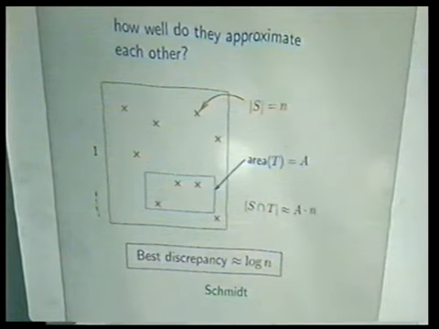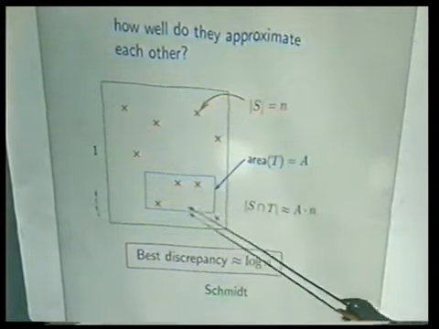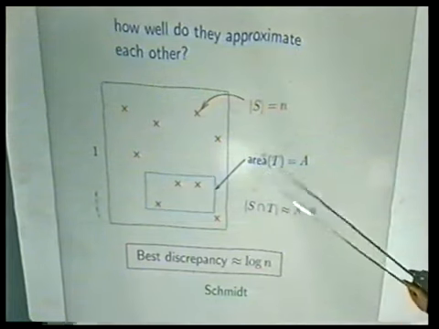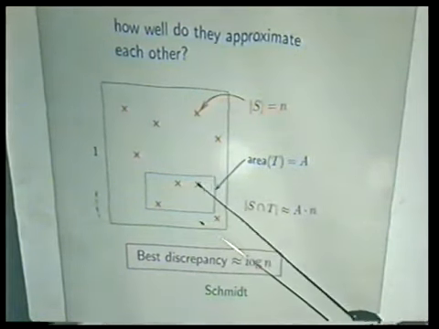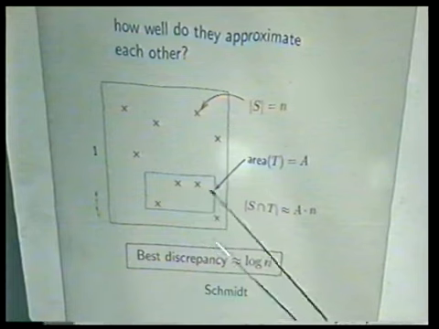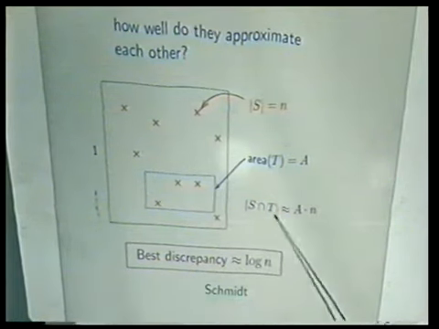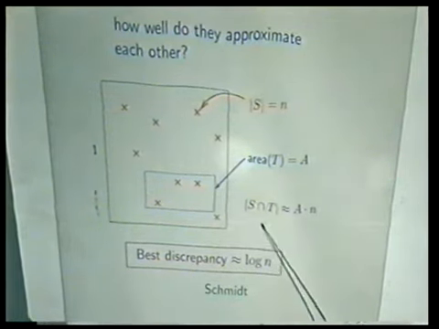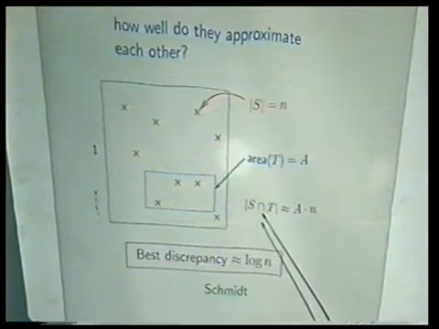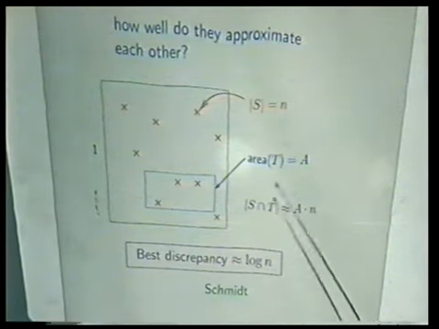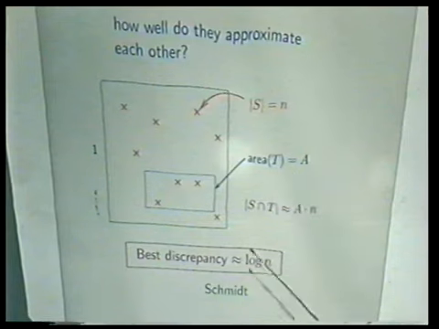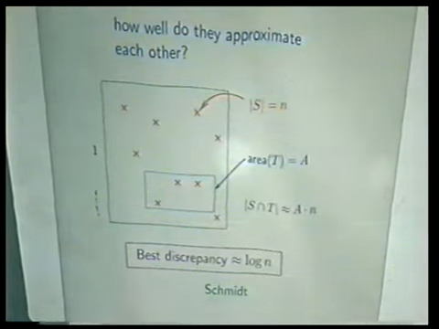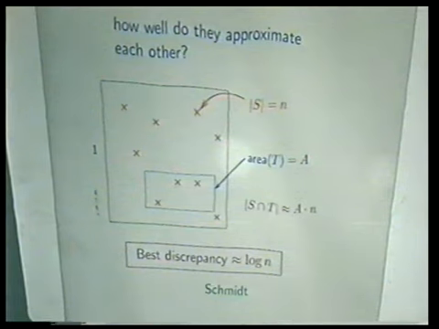Well, for all rectangles, you take all rectangles, and over all rectangles, you look at the maximum difference between these two. How big is the rectangle for which the discrepancy is log n? It's the maximum over all rectangles. He's asking, is there a typical size of rectangle in the proof of the theorem? I don't think so.